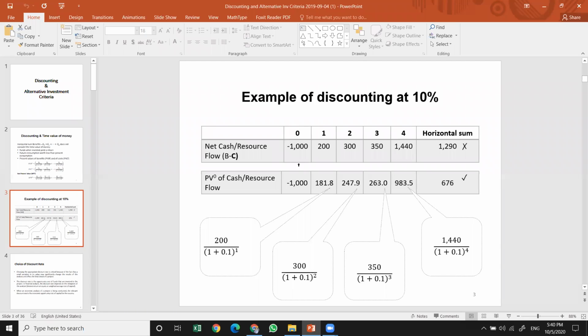There is 1 year, so you're just dividing by 1 plus 0.1. So you're discounting at 10%. If it is 1,440 divided by 1 plus 0.1 to the power 4, you're discounting to year zero, raising to the power 4, so 4 years: 1, 2, 3, and 4. This is what we do basically in present value calculation.